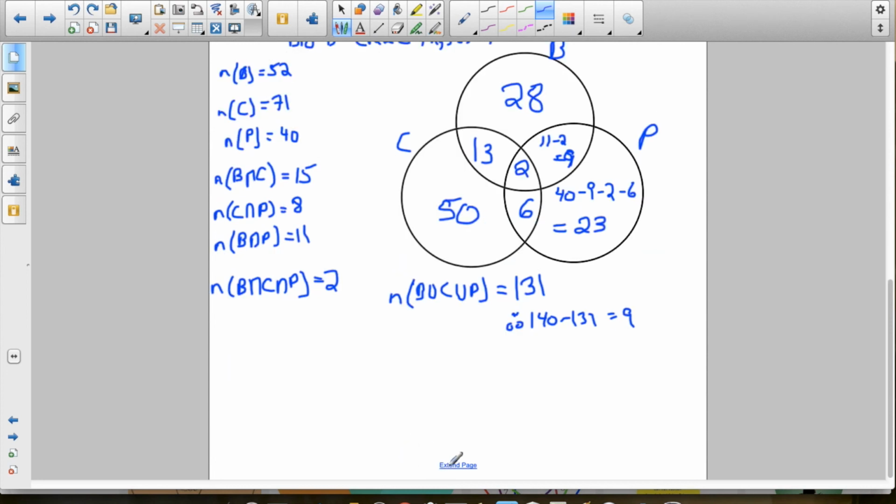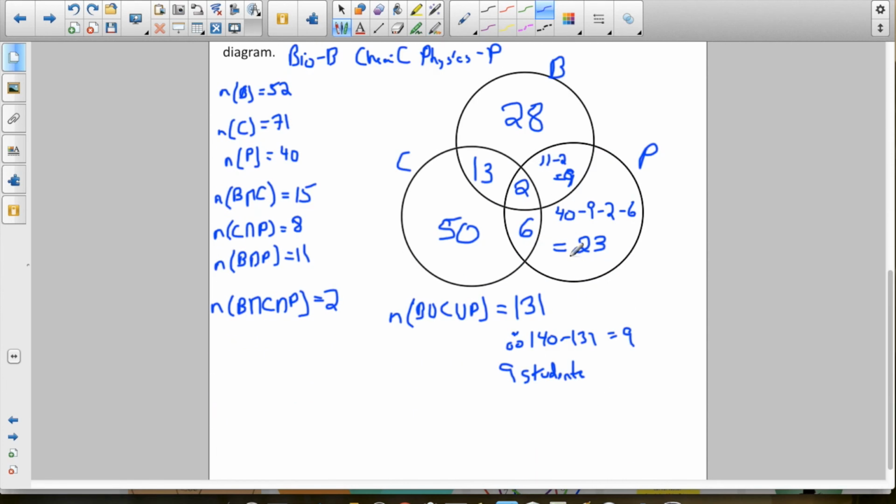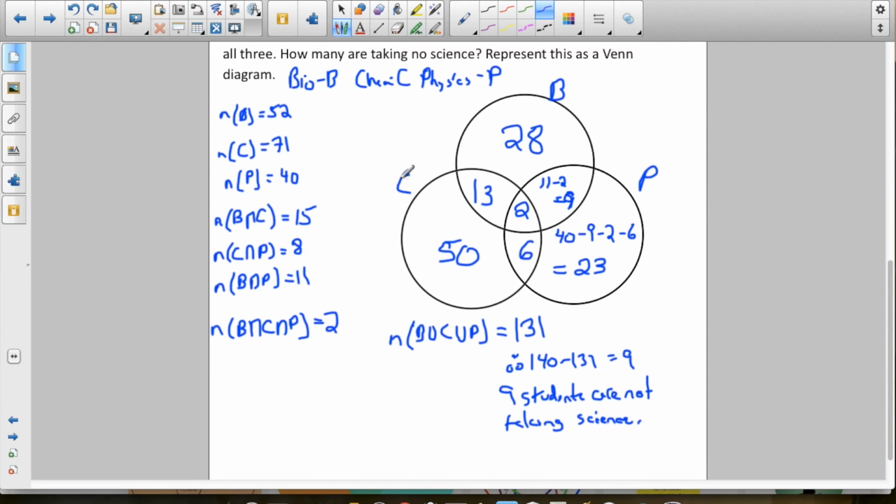So 9 students, I think that's what it asked, doesn't it? 9 students are not taking science. So that's one way. It doesn't always work so easily given certain information.